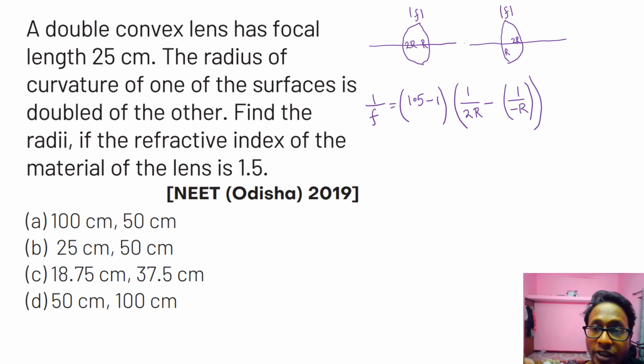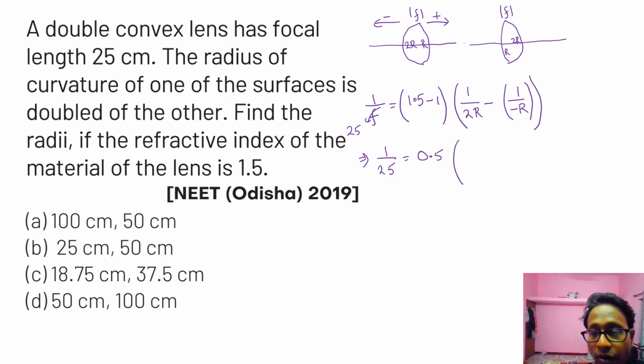Because the second surface has radius on the negative side. If I consider this side as positive and this side as negative, the second surface will be in the negative region, no? Focal length is 25 centimeter. So 1 by 25, and 1.5 minus 1 is nothing but 0.5. Acha. Here, let me simplify the equation instead of substituting.